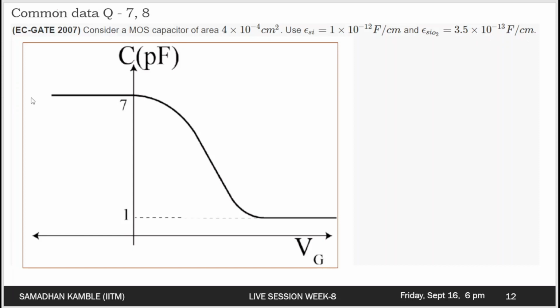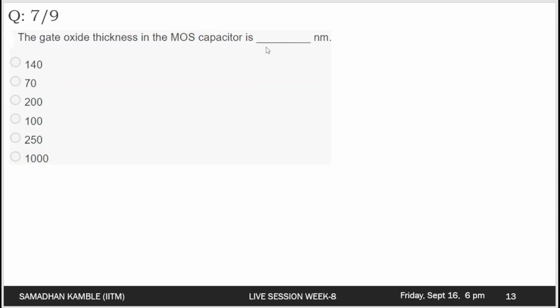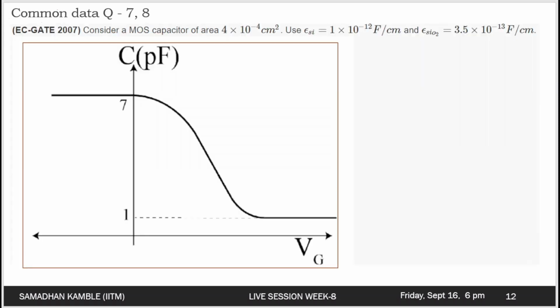Okay, so let's go to the first question based on this data. The question is, the gate oxide thickness in the MOS capacitor is. So they have asked us to find out the gate oxide thickness basically. So based on the figure itself, we can see that the capacitance is given, and it is given in the picofarad.